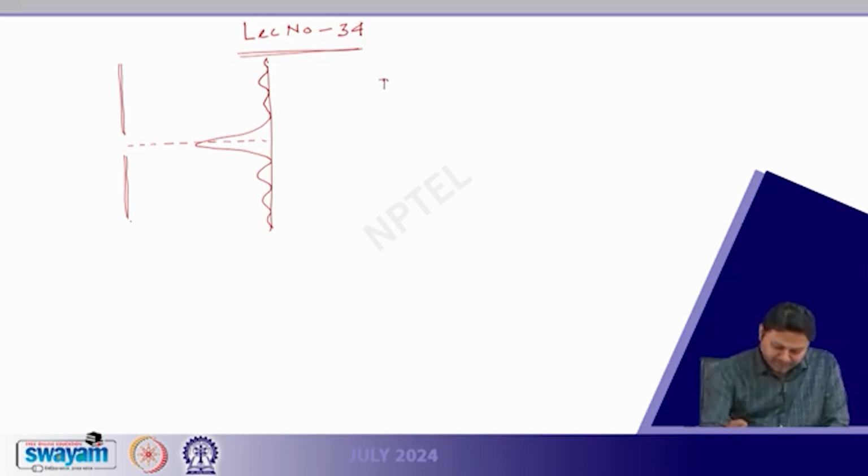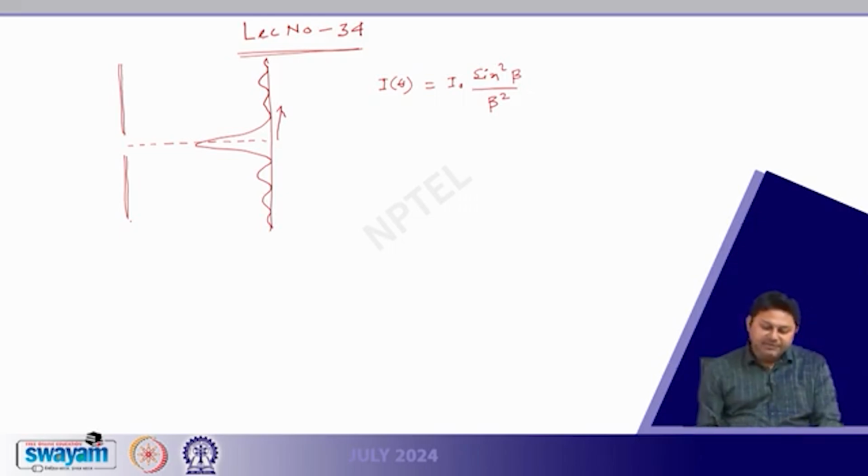So, the intensity as a function of theta will be I naught sine square beta whole divided by beta square. That was the intensity distribution we found. What is beta?